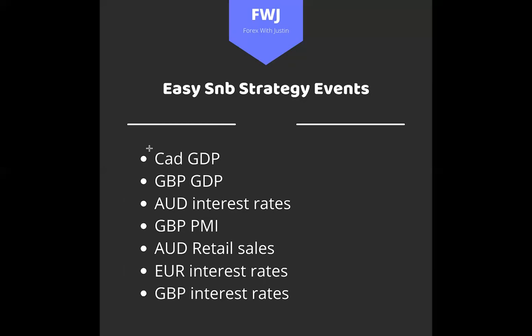This list includes CAD GDP, GBP GDP, AUD interest rates, GBP PMI, AUD retail sales, Euro interest rates, and GBP interest rates. These are the only events you'll be trading when it comes to this MB. Then for the other strategies that we have, they've got their own lists as well. You're following? Okay.